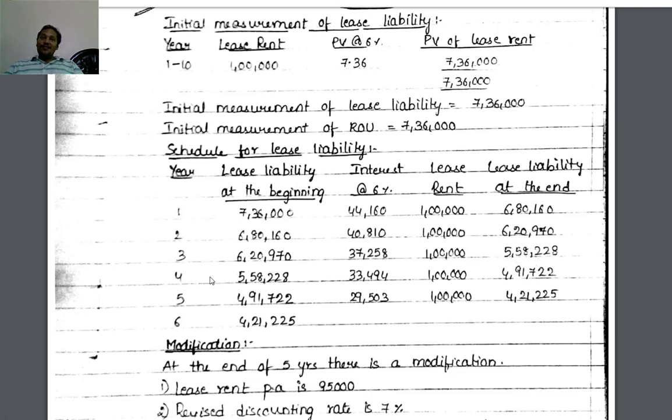Liability at the beginning of fourth year 5,58,228. Interest at 6%, 33,494. Lease rent payment 1 lakh. Liability at the end 4,91,722.